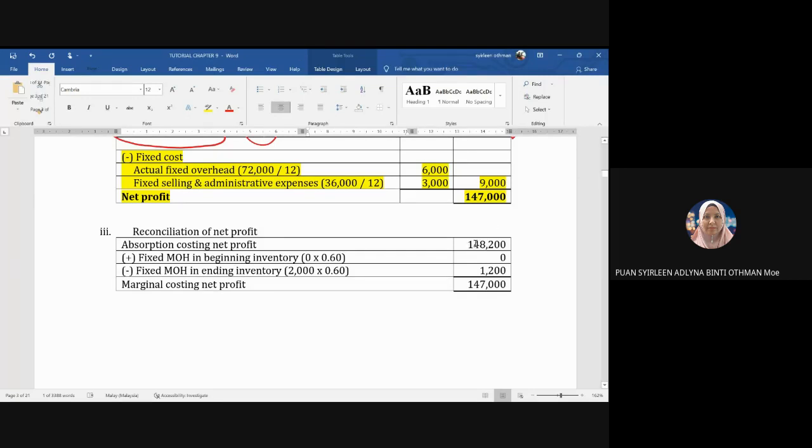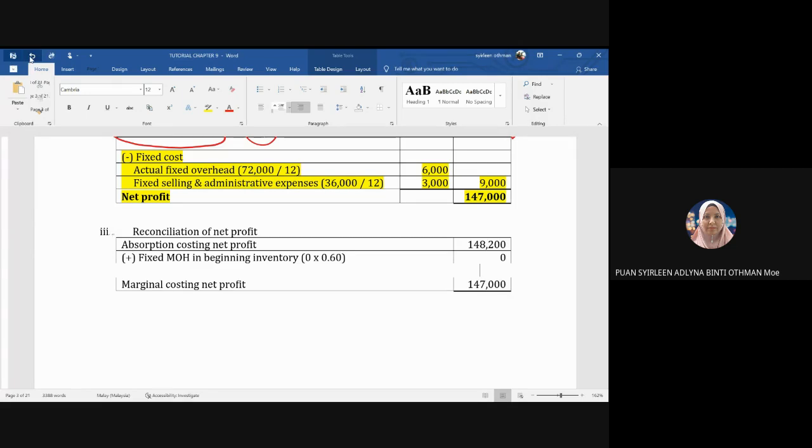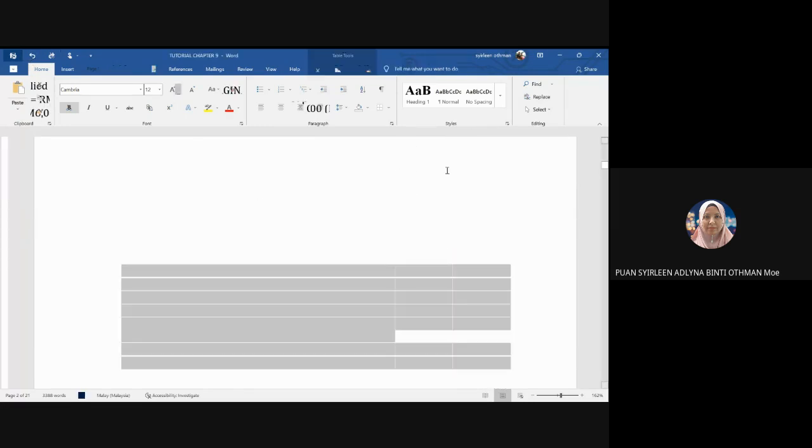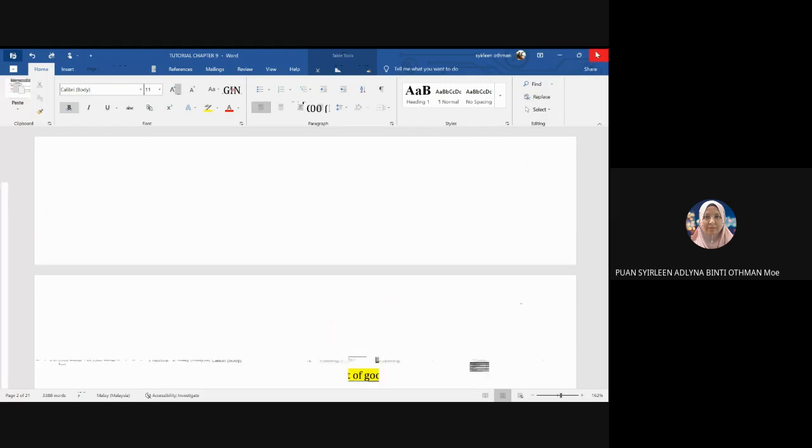Okay. So yang tadi tu, kalau you tengok, the fixed manufacturing overhead in beginning inventory dengan fixed manufacturing overhead di ending inventory tu yang menyebabkan berlakunya beza antara profit in your absorption costing and in your marginal costing net profit.